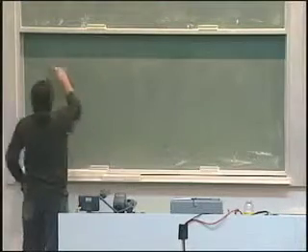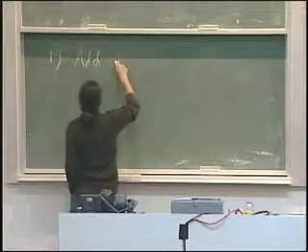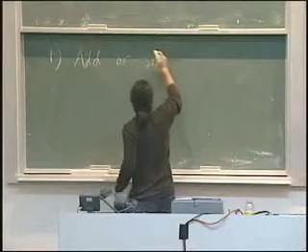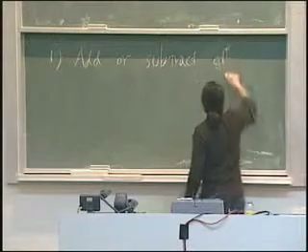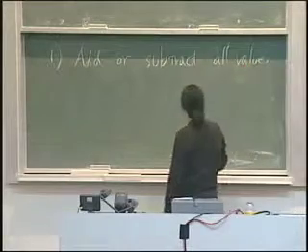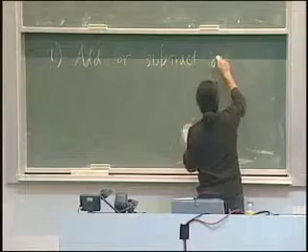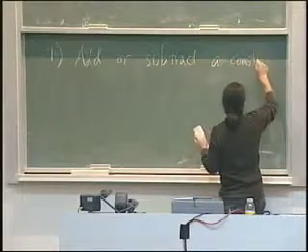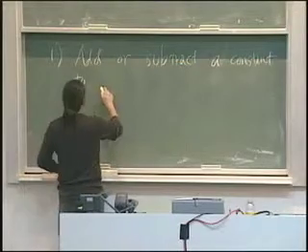The first case is adding or subtracting. So add or subtract all values. I'm sorry, let me say it this way: add or subtract a constant to or from all values.